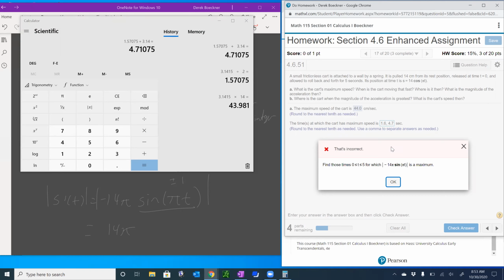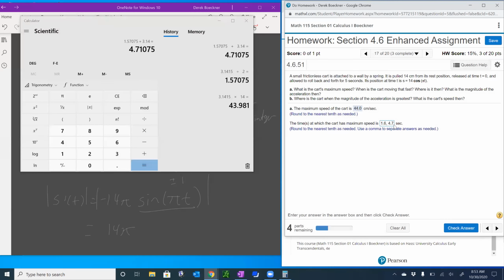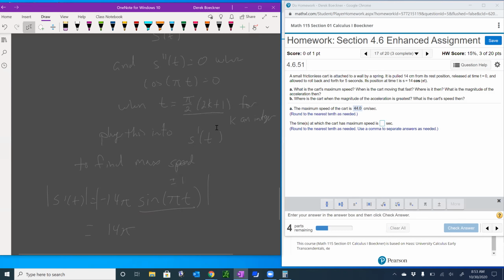Did I round wrong? Oh, yeah, it was the second. Yeah, sorry. Because we decided it was, I don't want this in here because I've already got the pi there, right?